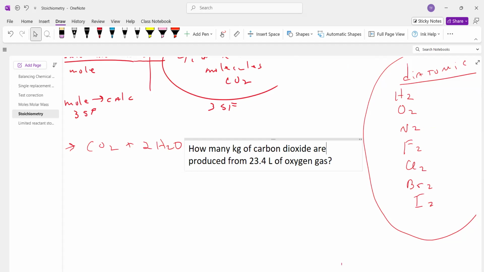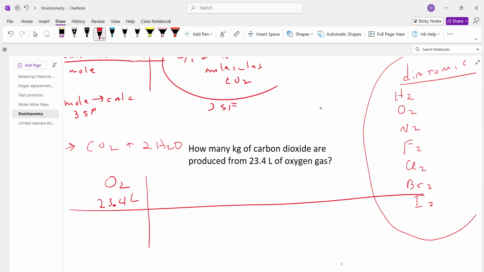Okay, so this step, we are starting with liters of oxygen again. And we're trying to calculate kilograms of carbon dioxide.